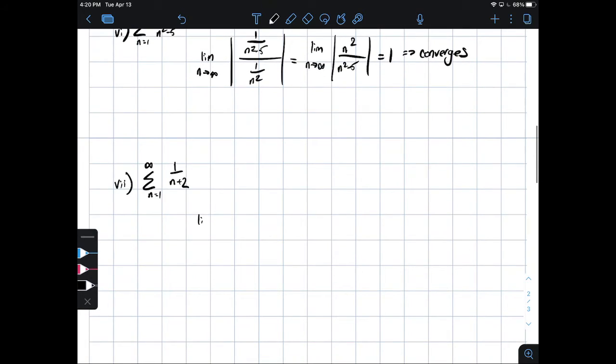Obviously we're going to compare this one to the harmonic series, just 1 over n. So we're going to say 1 over n plus 2 over 1 over n, and that's going to be equal to the limit as n approaches infinity of n over n plus 2. And again, that's going to equal 1.